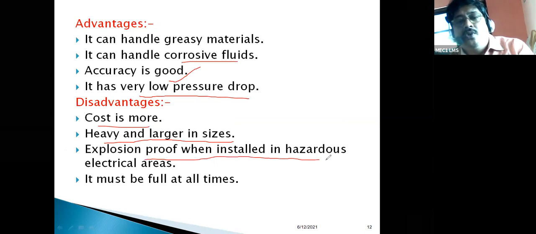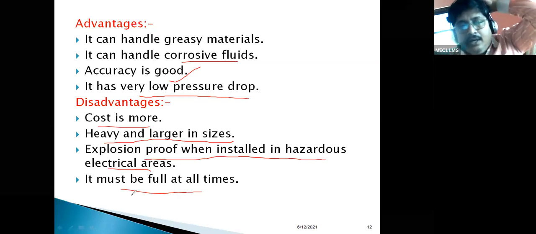It needs to be explosion proof when installed in hazardous electrical areas, and it must be full at all times. Explosion proof when installed in hazardous electrical areas means sometimes we have to find the flow rates of some liquids which are very dangerous.